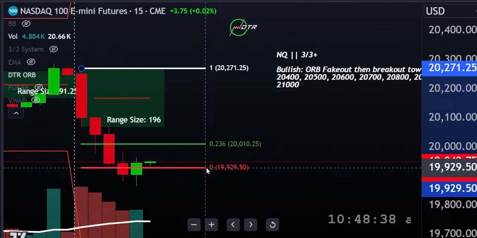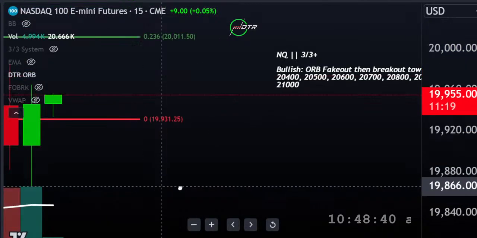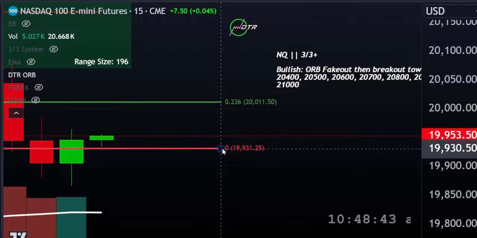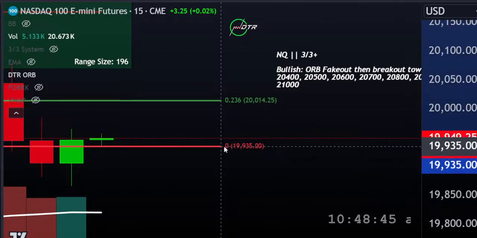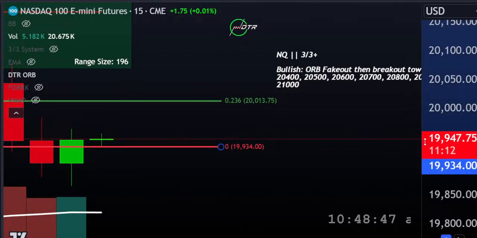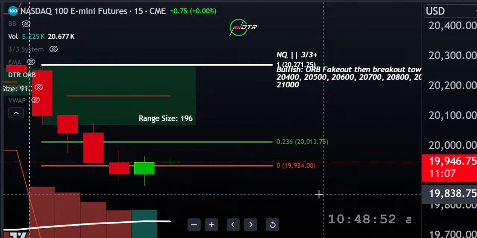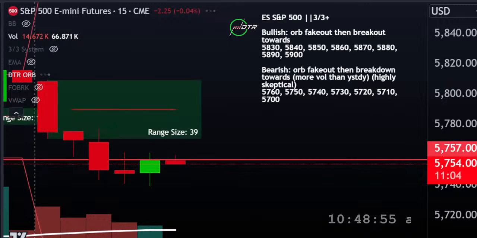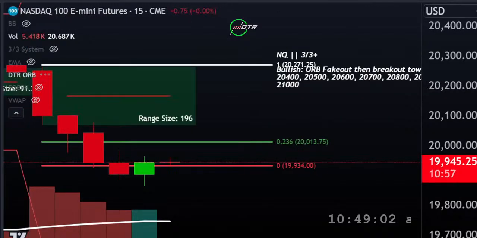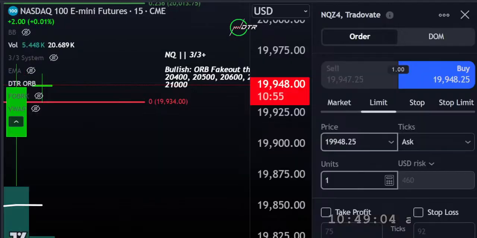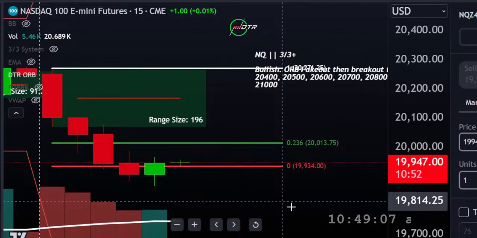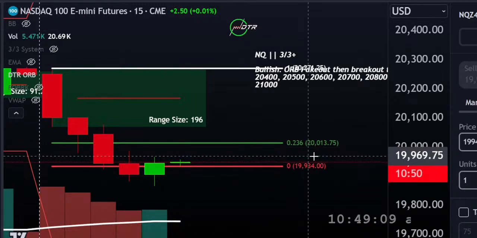So it really feels like it's NQ or bust. Yeah, we need to see a breakout above this 64.